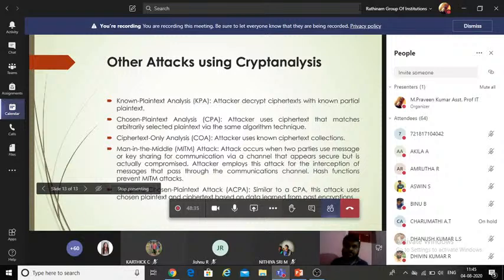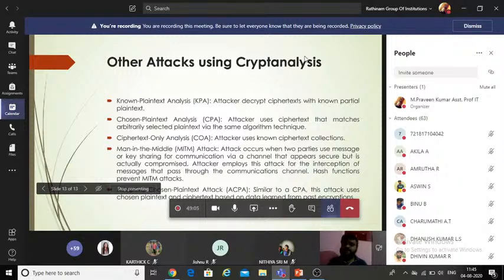I assume something as the plain text, and by using that information I again produce the ciphertext. If my assumed ciphertext and the received ciphertext are the same, then my choice is correct. That is called chosen plain text analysis. Clear? And the next one is ciphertext only analysis. It is the vice versa of chosen plain text.